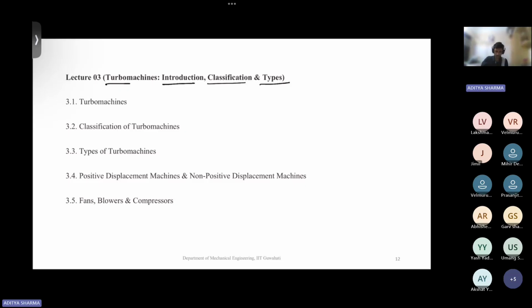Turbo machines have been classified into different types and introduced in lecture 3. First is the classification of turbo machines.